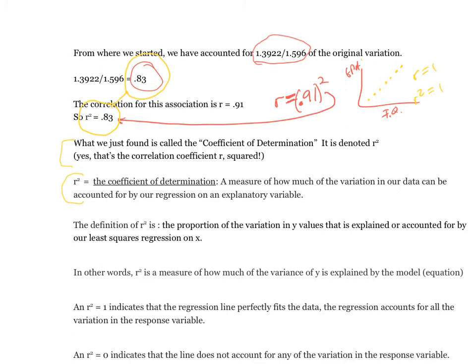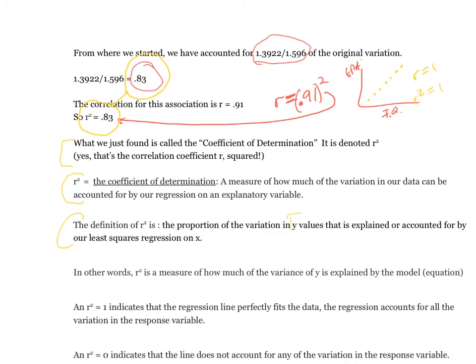Obviously, if we're going to predict GPA, instead of using the mean as our prediction, we'd rather use this linear regression with IQ. It makes a much better prediction. We can account for 83% of the error that way, okay? So another way to think of R squared is the proportion of the variation in the y values that is explained or accounted for by our least square regression on x.